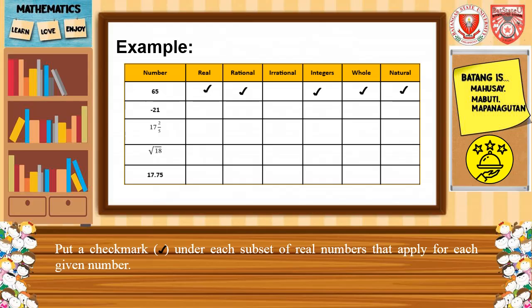It is a real number, then under rational numbers. It can also be integers and whole numbers, and those are natural numbers. -21 is under real numbers, rational numbers, and integers. 2/5 is a real number and it is also a rational number. The square root of 18 is a real number and it is an irrational number. Next, 17.75 is a real number and it is also a rational number.